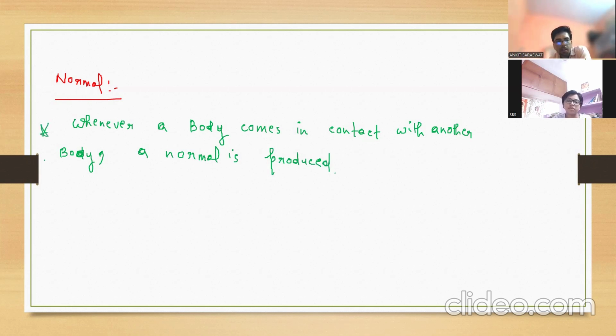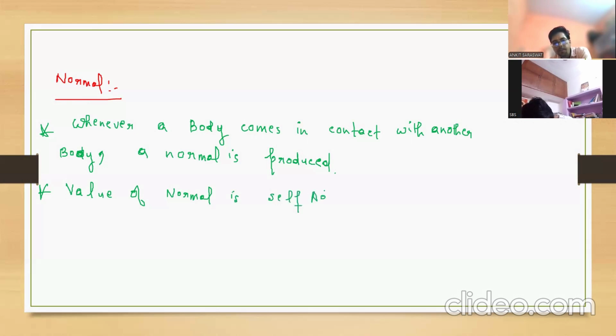Value of normal, write down the next line. Value of normal is self-adjusting, depending on the question. As per the question, it will vary.